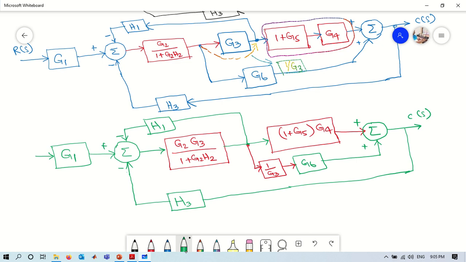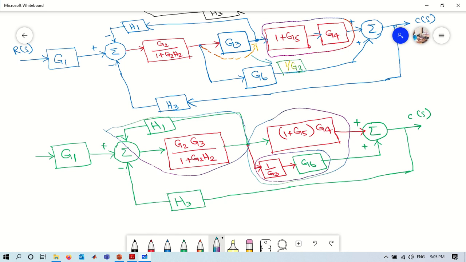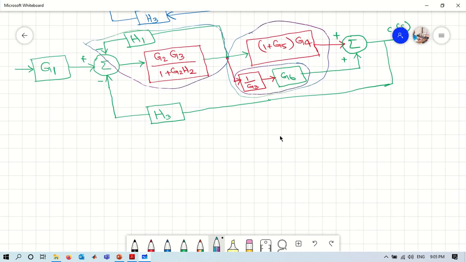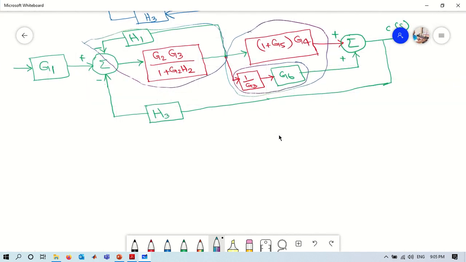Okay, now for the next level of combination, I have this as a minor feedback loop, this as a series combination, and this combination as a parallel block. All these things, let me do it in a single step, since we are familiar with this block diagram reduction. Okay, with that I proceed.